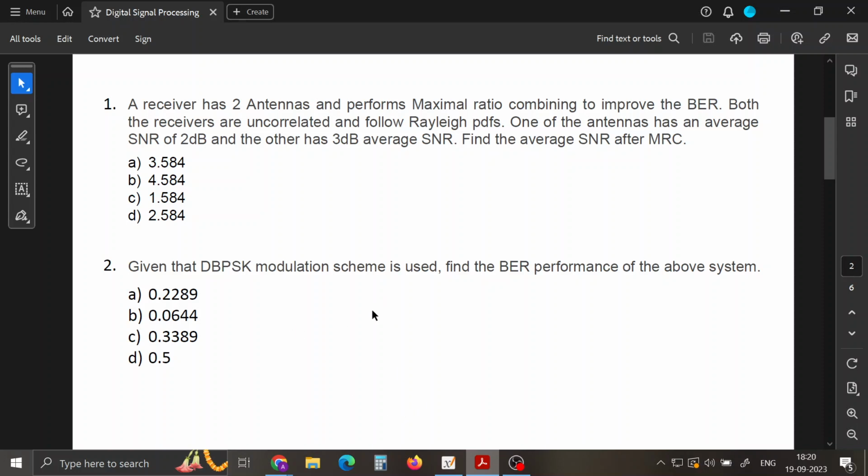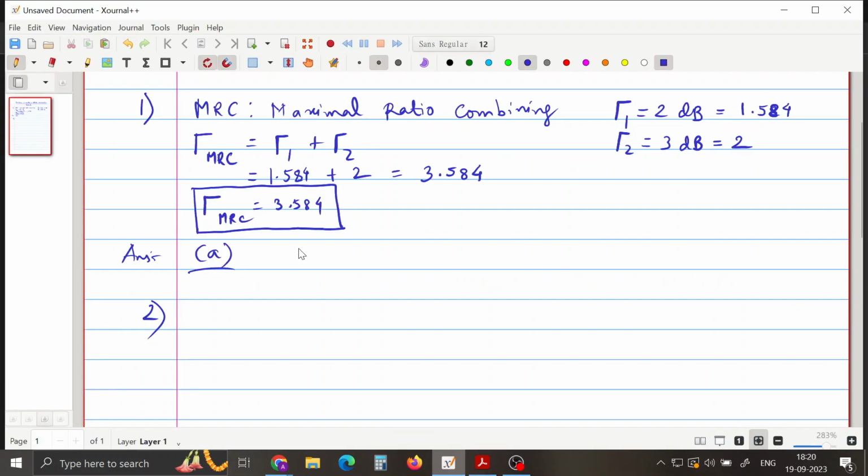And these formulas were actually discussed in the lectures, just go through them. DBPSK, particularly DBPSK was discussed. So we will use the idea of MGF. Recall lecture notes. So MGF was denoted by psi gamma MRC of s.